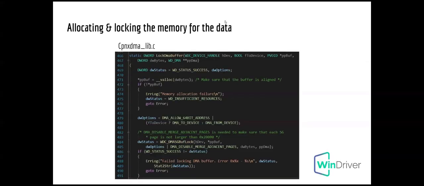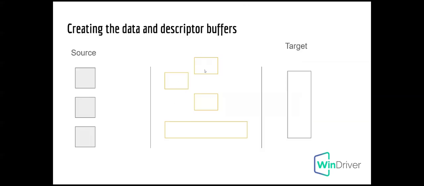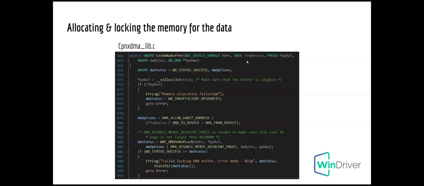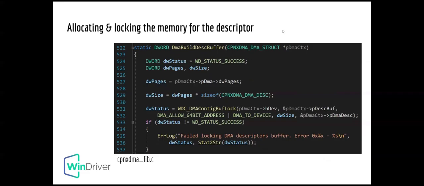We said it is a scatter gather buffer, right? And for the descriptor, we're using WDC DMA config buff lock, in order to create this buffer, which will hold the metadata for the transfer.